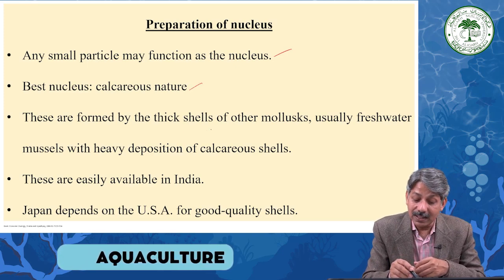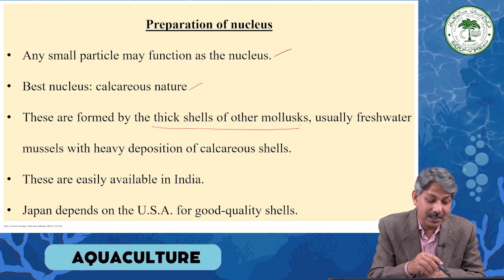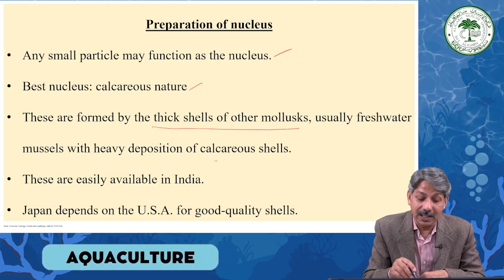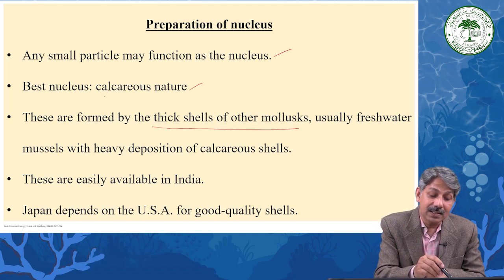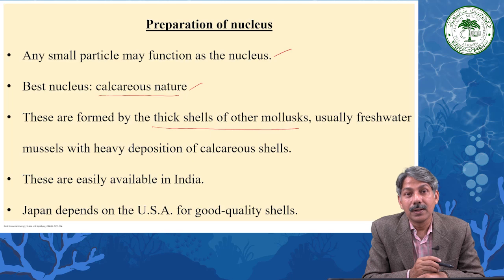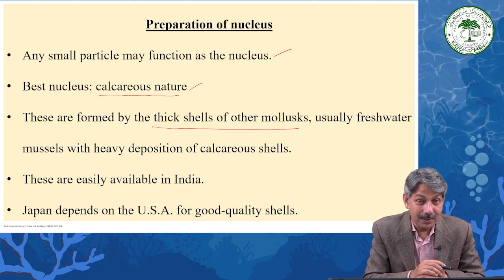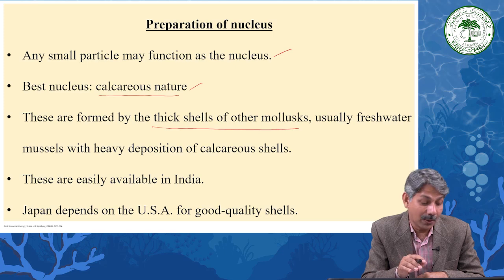These are found in the thick shells of other mollusks, usually freshwater mussels with heavy deposition of calcareous shells. Here you can see that the best nucleus for putting into the body of the pearl oyster should be calcareous in nature. And we all know that calcium deposition or calcareous shells are found best in freshwater mussels.